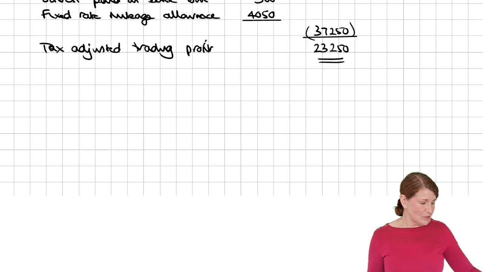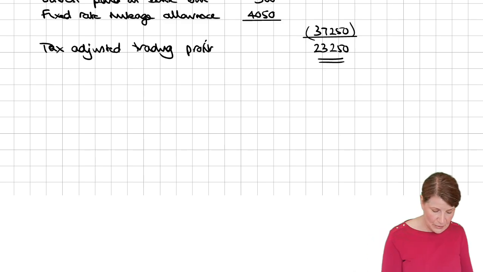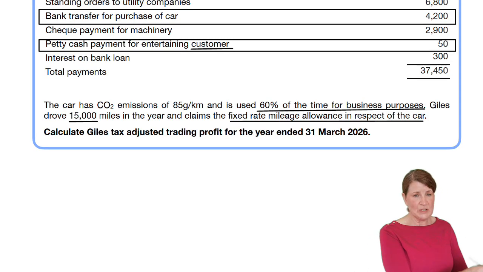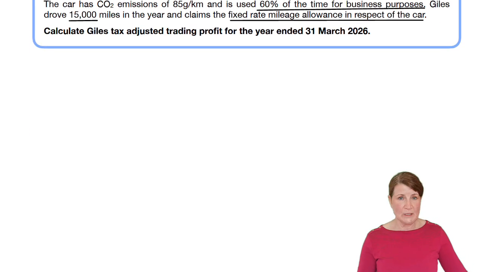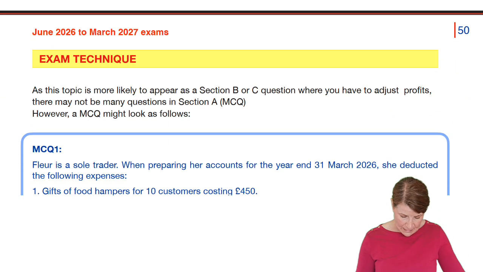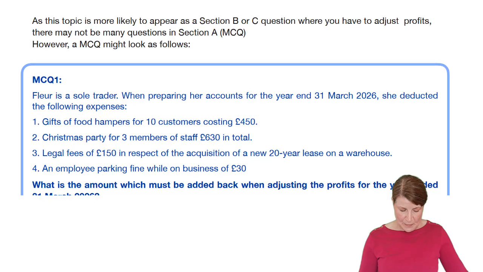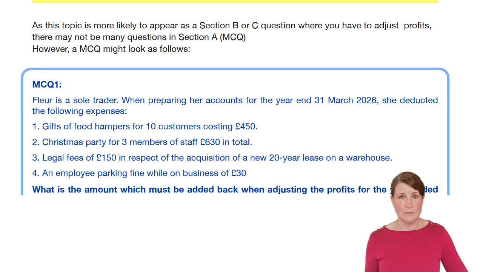Now, this chapter that we've just covered is pretty important because adjustment to profit is quite a popular area in tax exams. So it could be, say, part of your section B, which is your little scenario with your 5 objective test questions, or it could be in section C, which is part of a longer question. Now, a lot of the rules that we've looked at in that chapter are also applicable to companies. There are a few differences, but we'll get onto that when we do companies.